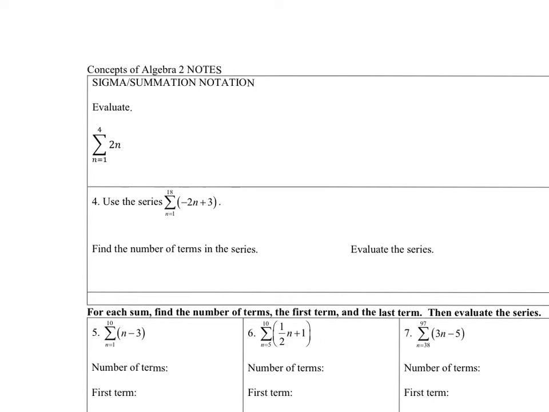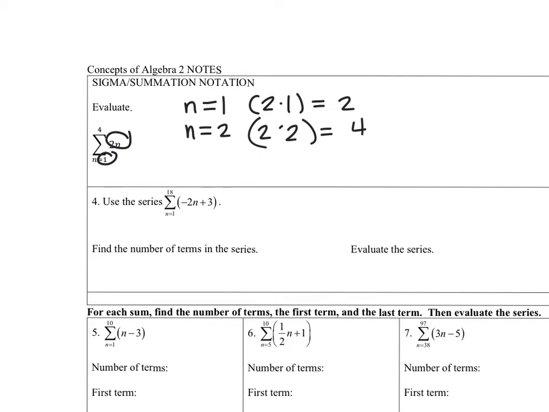If you plug in 1, you're going to get 2 times 1, which is 2. If you plug in 2, the next number, you get 2 times 2, equals 4. If you plug in 3, you get 2 times 3, and that equals 6.